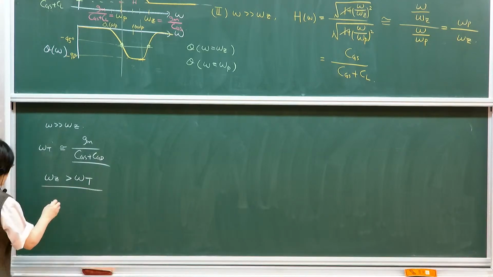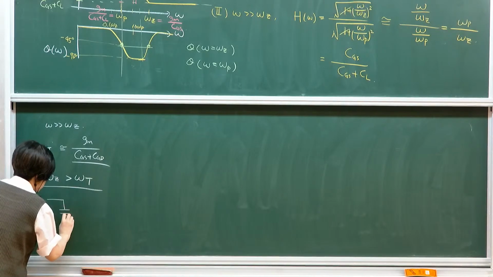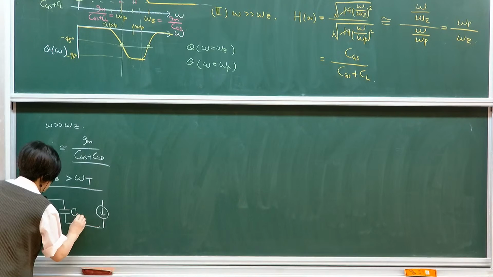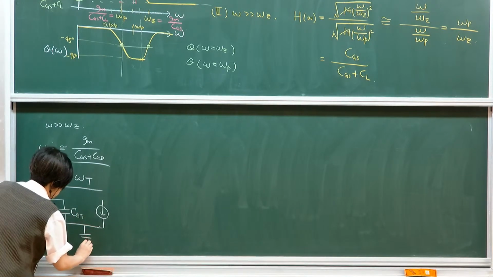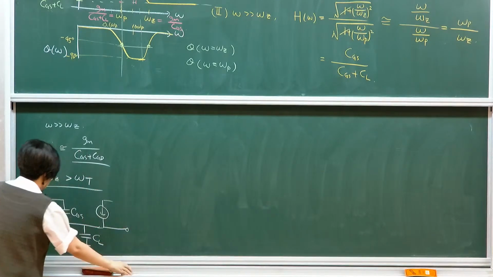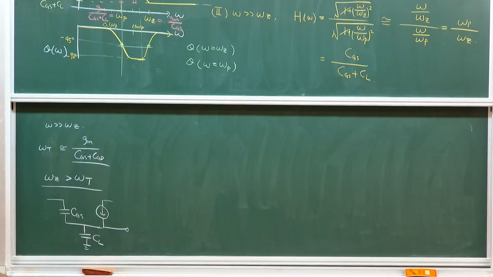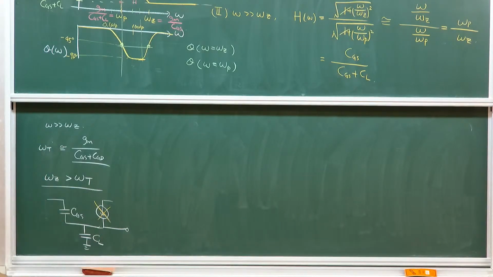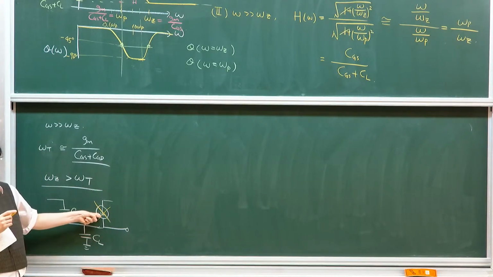If I'm looking at the circuit, my small signal circuit looks something like this: CGS, C load. So at very high frequency, you don't actually see the transistor. This is the main contribution from the transistor, transconductance, right?